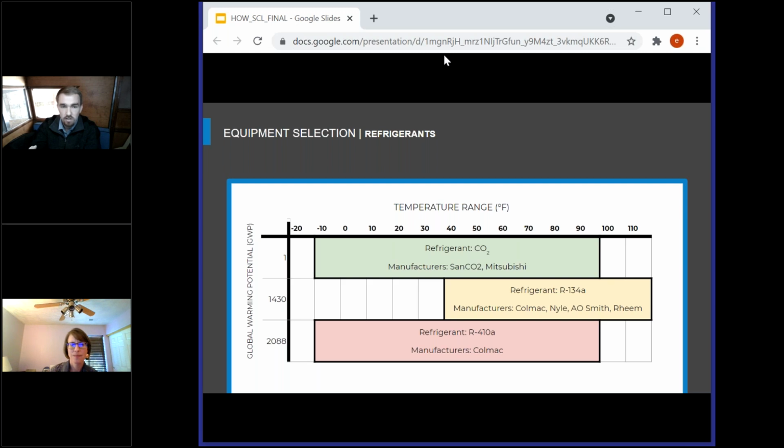There are synthetic refrigerants that are not as high of a GWP that are being designed as replacements for 134A and 410A. The trick there, though, is usually those are coming with the design of new heat pump components to handle those.